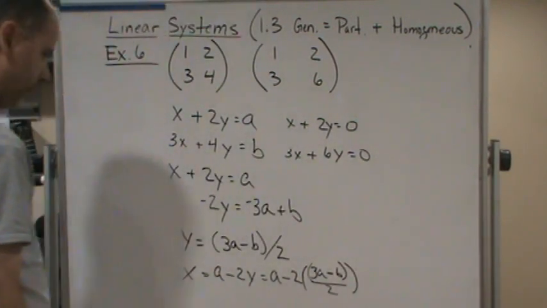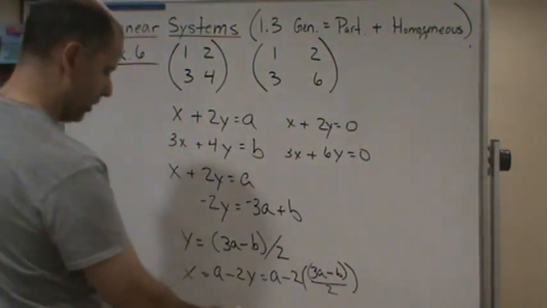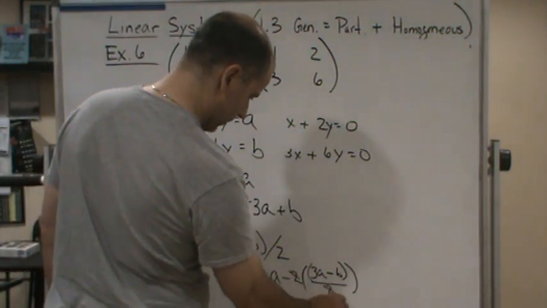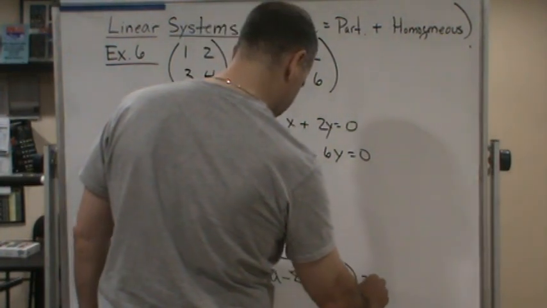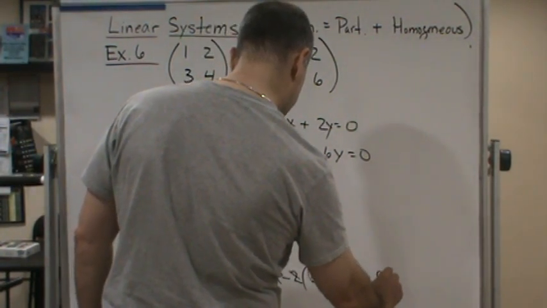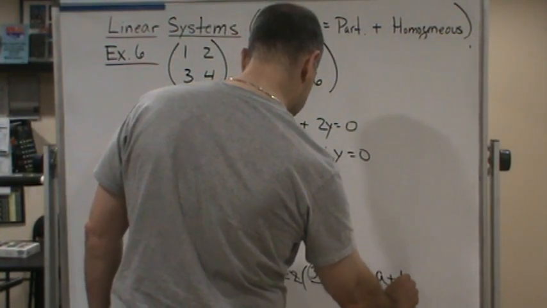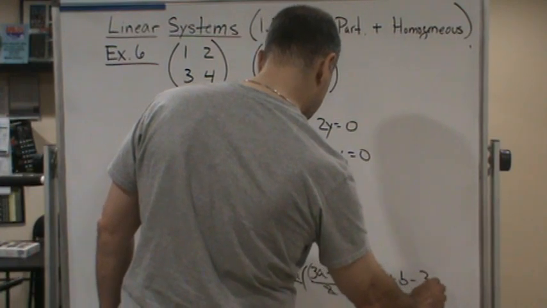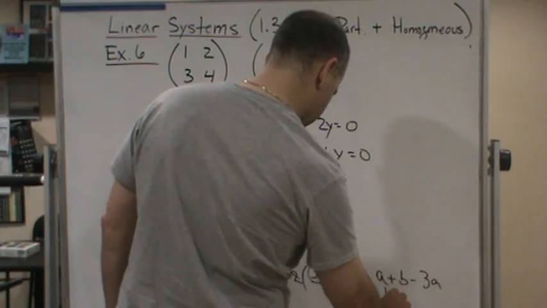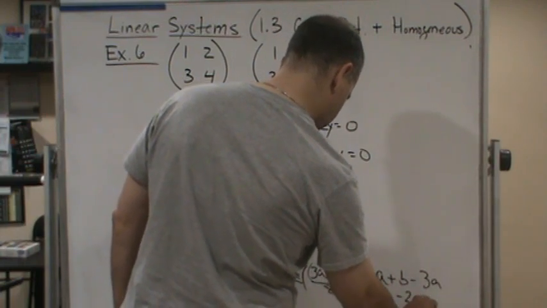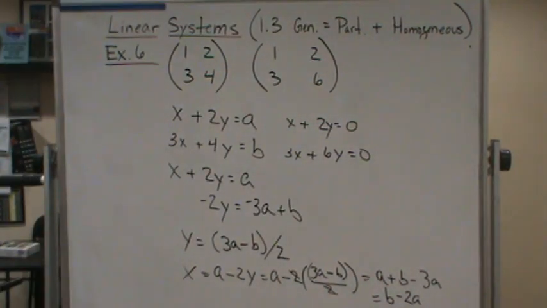And of course, this is going to cancel with this, and then if we distribute the negative sign, that's going to give us a plus b minus 3a, which is of course going to give us b minus 2a for x. And so there's our unique solution.